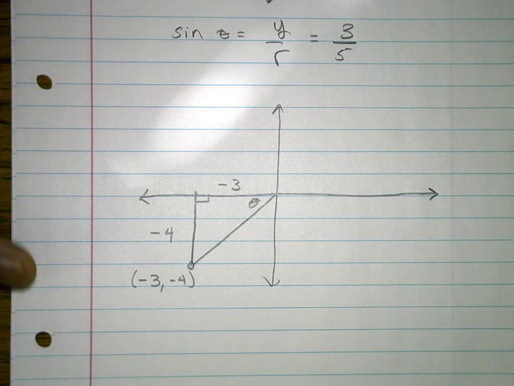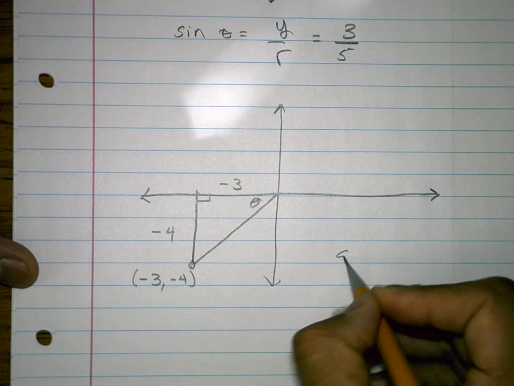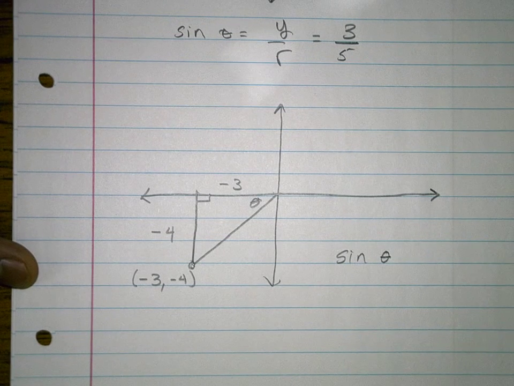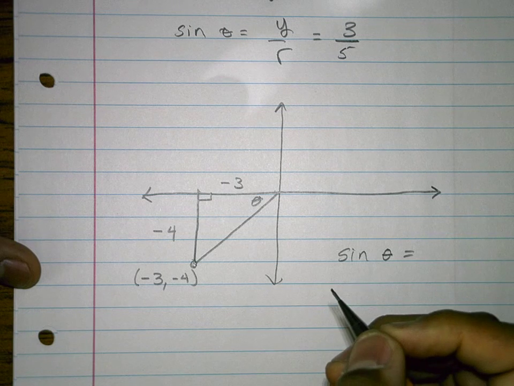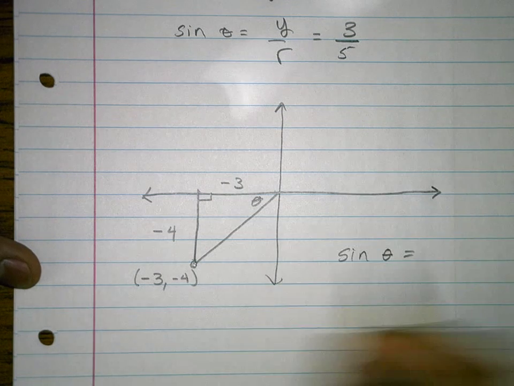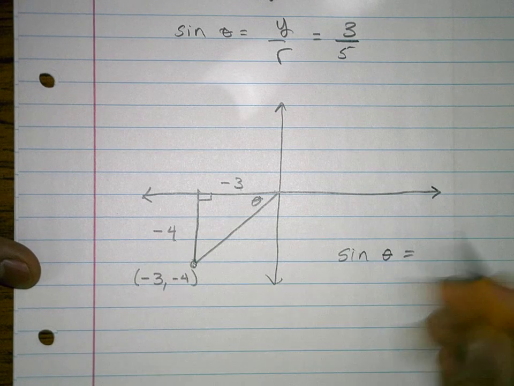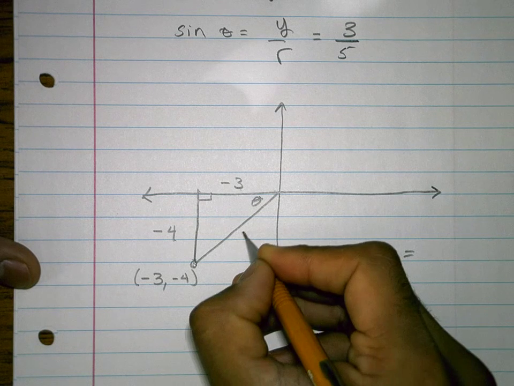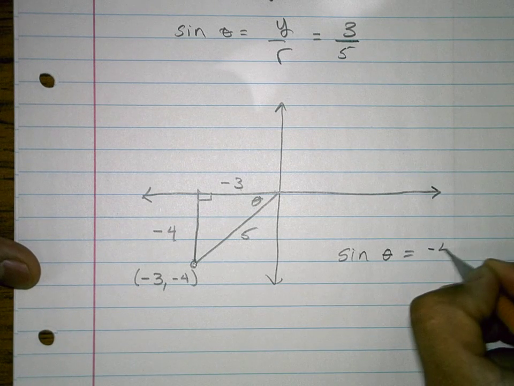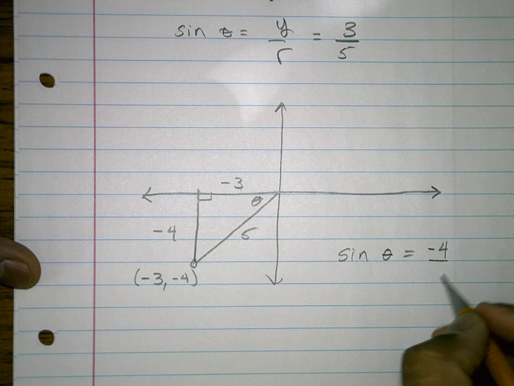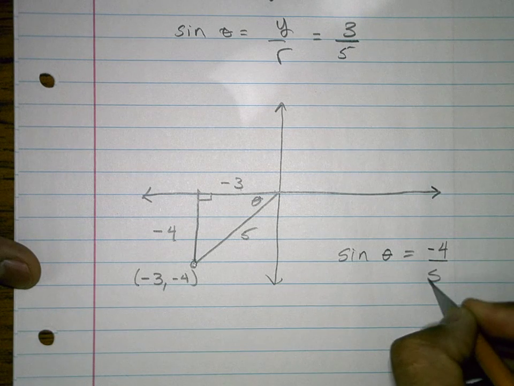So in this case, my sine value for this particular theta, okay, is going to be equal to the y value over the r, so if I use Pythagorean theorem again, I would get a positive 5. Well, my y value is negative 4, okay, and my r value is 5.